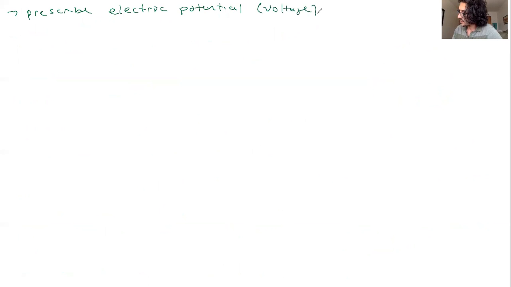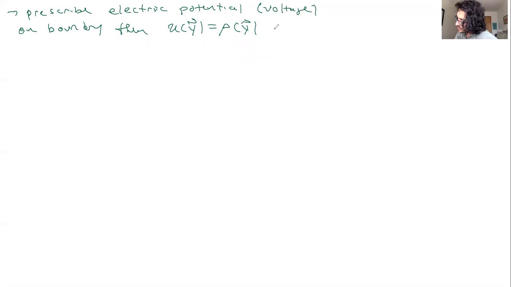How do we get back the boundary conditions? Well, if we prescribe electric potential, or voltage, on the boundary, then u of y is equal to some electric potential. Let's call it rho of y on the boundary.